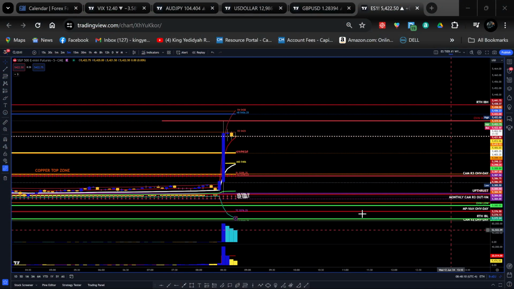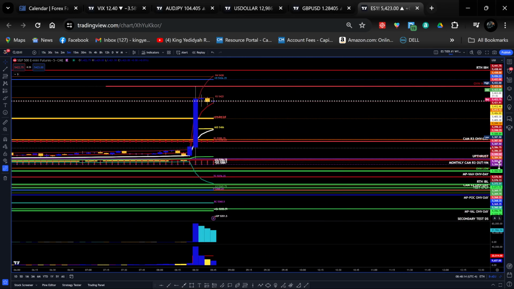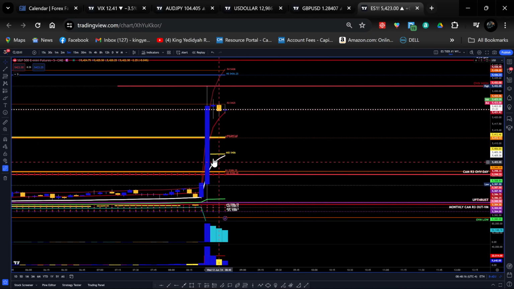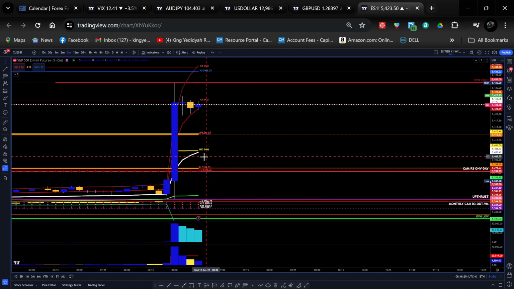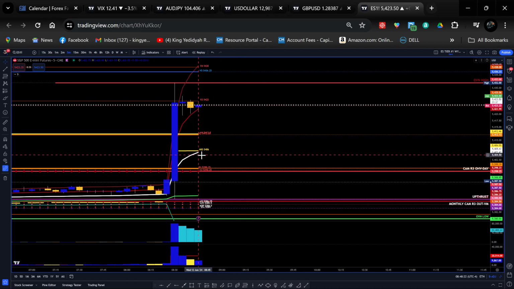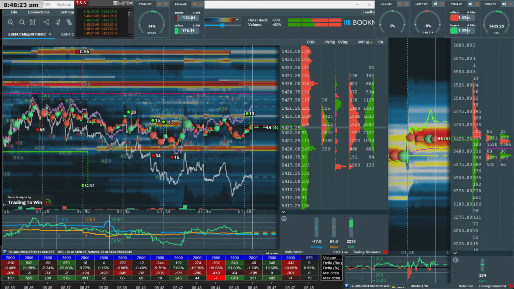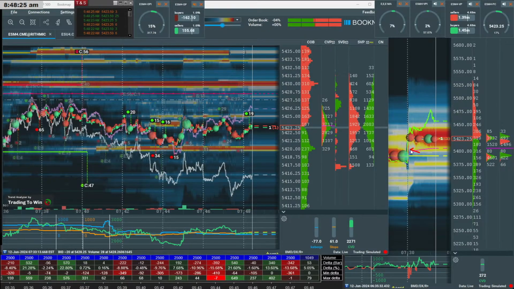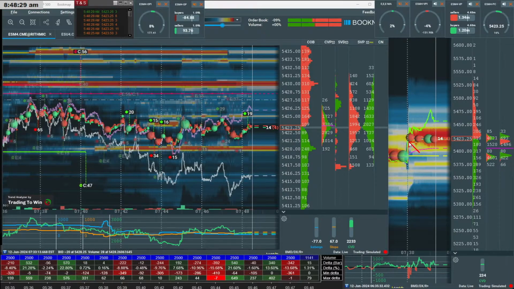Let's see here. So 5400 would be around this VWAP level here, so around the mid, looking for a fill of that gap in the liquidity. Let me just show you that again. You can see that gap right there. No orders were placed in between that level.